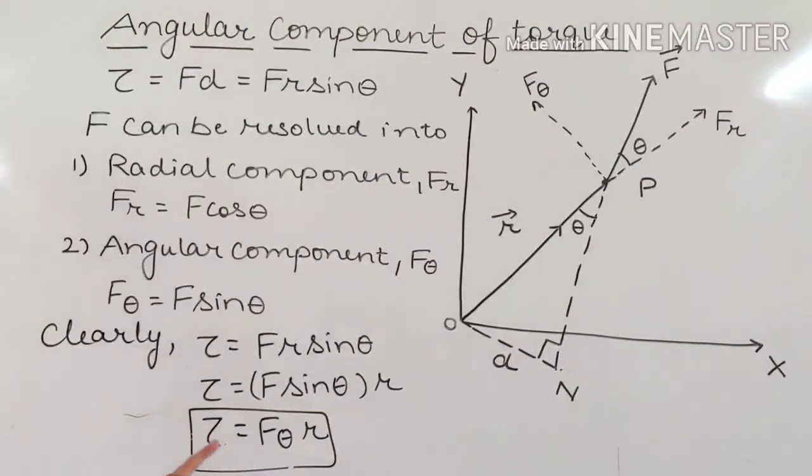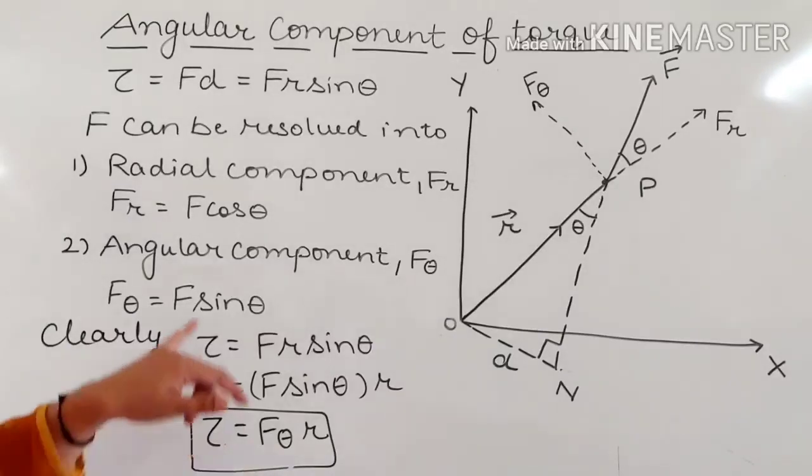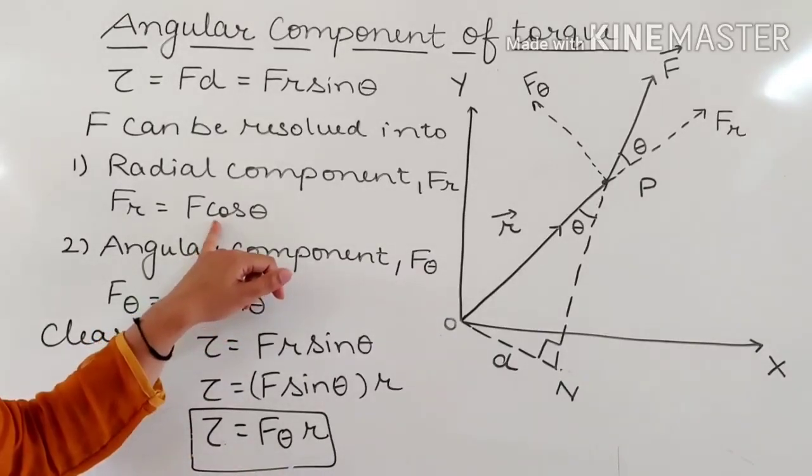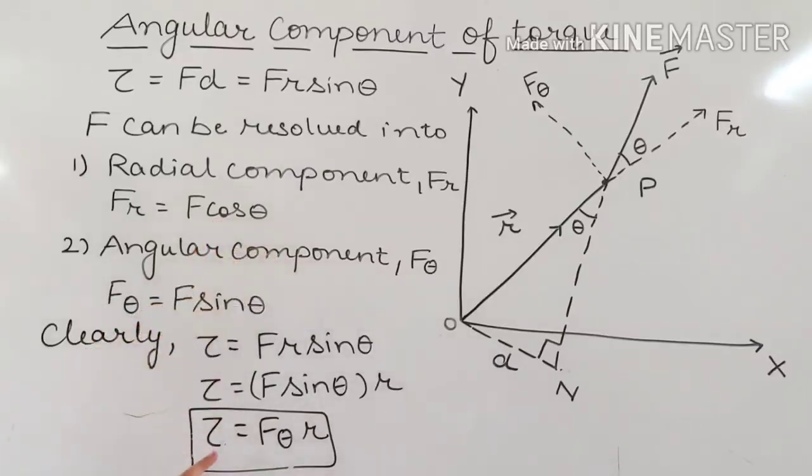That is, torque is the product of the angular component of the force and its distance from the axis of rotation. Hence, torque due to the force is only due to its angular component. The radial component of the force does not contribute to the torque.